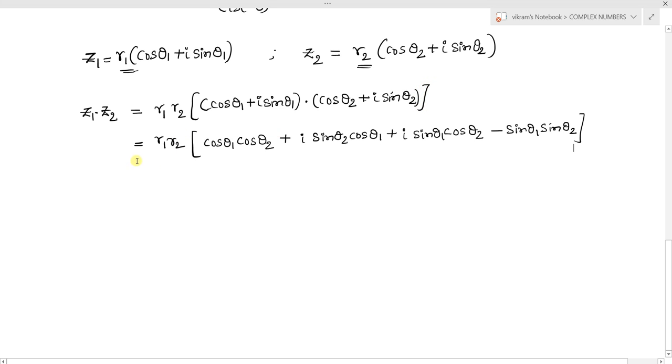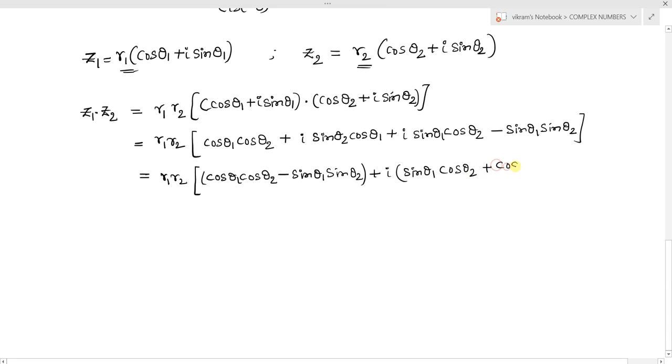By doing the multiplication, and separating the real and imaginary parts, we get r1 r2 times cos theta 1 cos theta 2 minus sin theta 1 sin theta 2 as the real part, plus i times sin theta 1 cos theta 2 plus cos theta 1 sin theta 2 as the imaginary part.